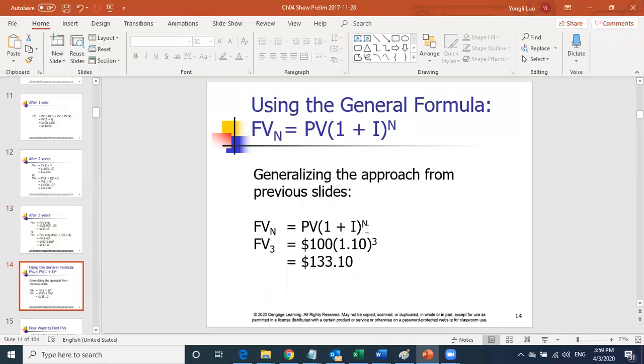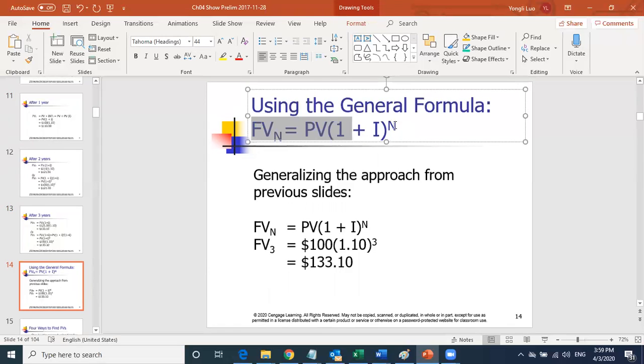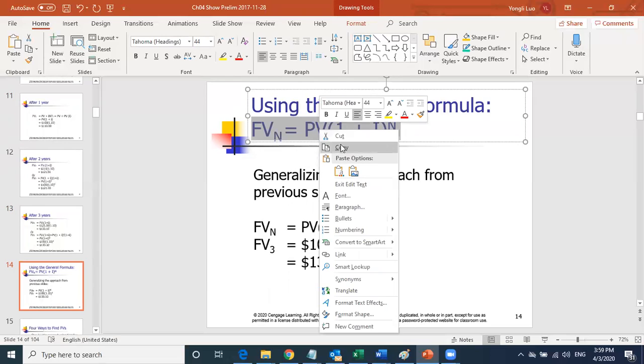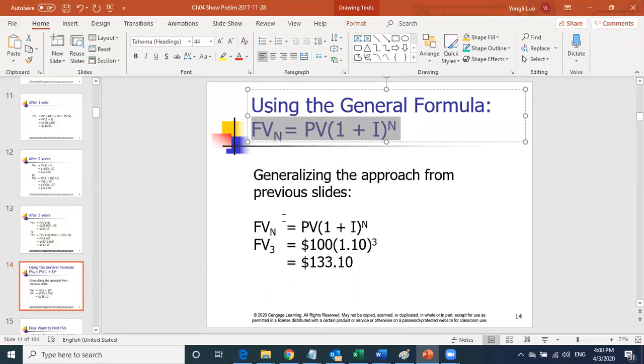So the compounding process has a general formula, which is this one. If you have Excel, we can open that Excel file.